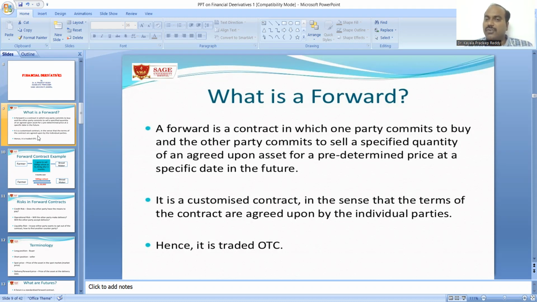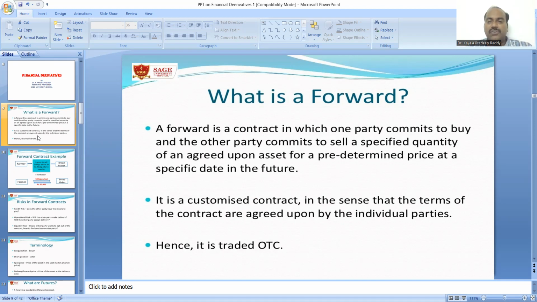So a forward is a contract in which one party commits to buy and the other party commits to sell. Here the trader is committing to buy and the farmer is committing to sell a specified quantity of an agreed upon asset for a predetermined price at a specified date in the future. The price is determined today itself, and the specific future date is also specified today itself, because it should be delivered on a specific date.